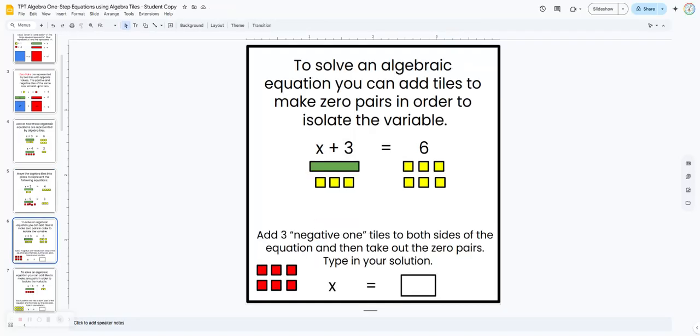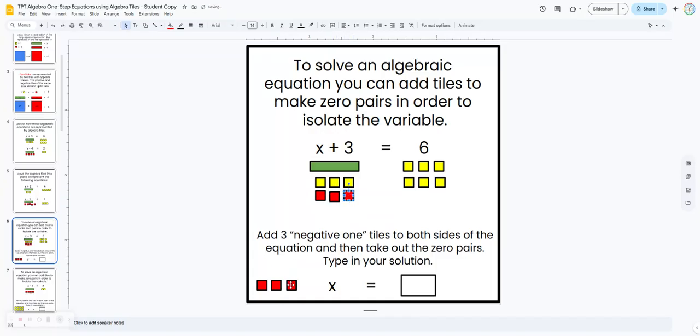Now, when they get to slide 6, they're going to be solving this algebraic equation, and they're going to do that by creating 0 pairs. So we want to isolate the x, or isolate this variable. To do that, we need to get rid of these 3 yellow tiles. And we're going to do that by adding 3 red, so that we can create 3 0 pairs.